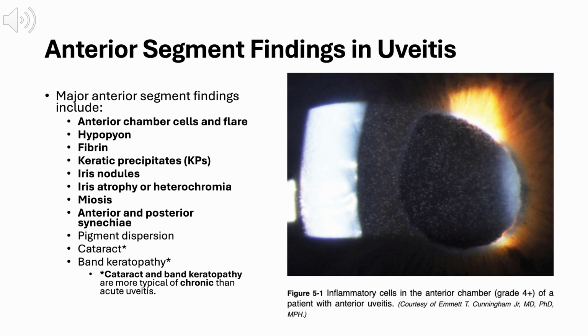Cataract and band keratopathy also occur, but note the asterisk. Those two are more typical of chronic than acute uveitis. We'll take the most diagnostically important of these, cells and flare, KPs, and iris findings, and go deeper over the next several slides, because their fine detail carries real diagnostic weight.